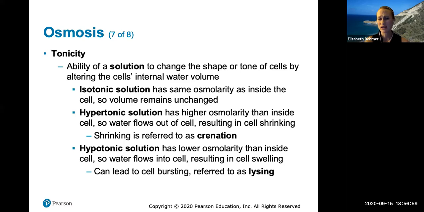A hypotonic solution has a lower osmolarity or concentration than inside the cell, so water will flow into the cell itself, causing the cell to swell and possibly burst. So if red blood cells are placed in a hypotonic solution, water will flow into the cells, causing them to possibly burst or lyse.